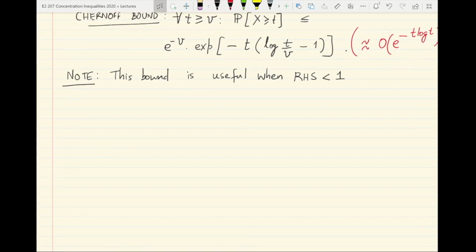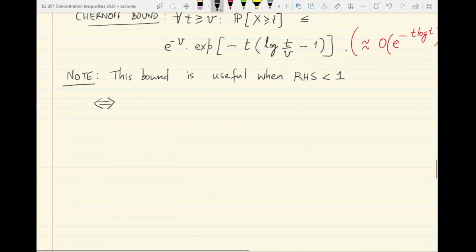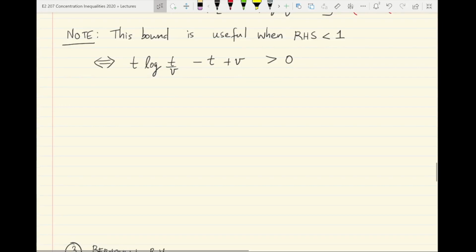So let's evaluate for what values of t this right hand side starts becoming less than 1. This is the same as saying that t times log t by v minus t plus v is larger than 0, which in turn means that log t by v is larger than 1 minus v by t.